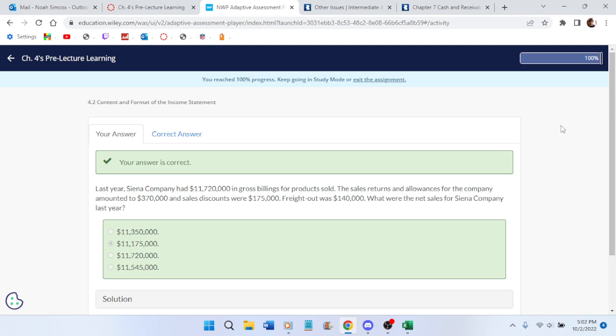How do you exit from the TVM solver? I don't even know. How do you exit from the TVM solver?